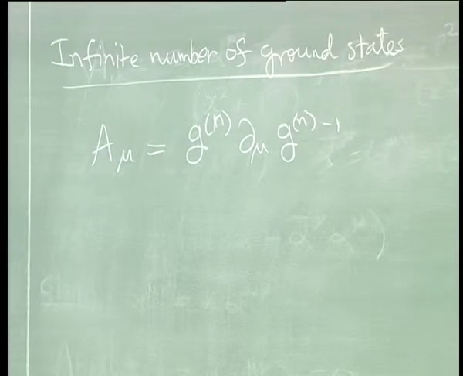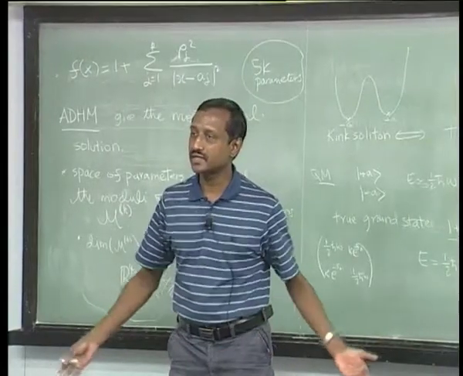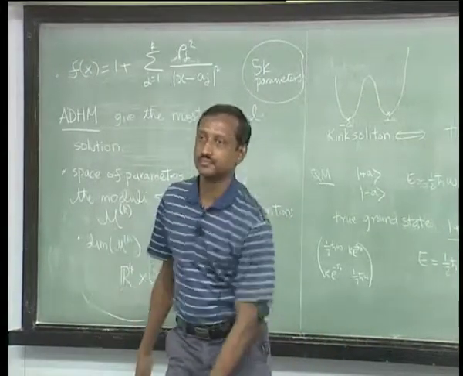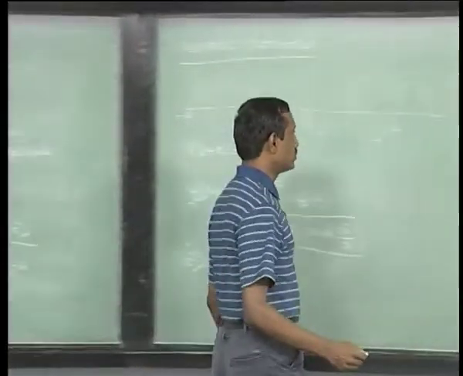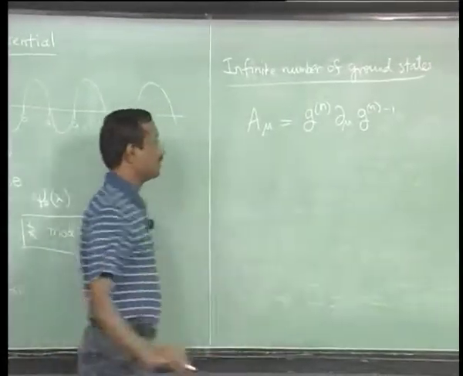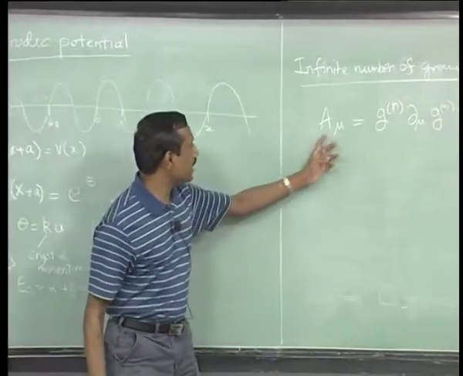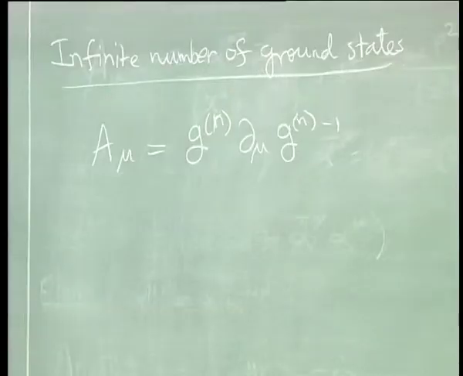Each one of these things is pure gauge, so F is 0 and the action is 0, E, B, everything is 0. So the point here is that pure gauge solutions are indeed true ground states of the theory, and there are infinitely many of them.